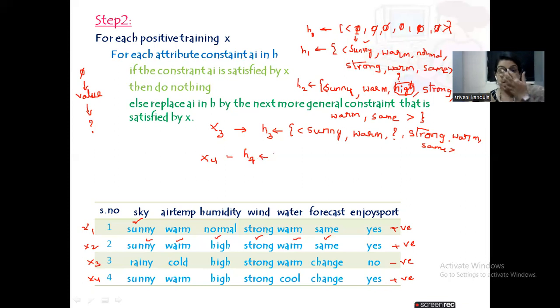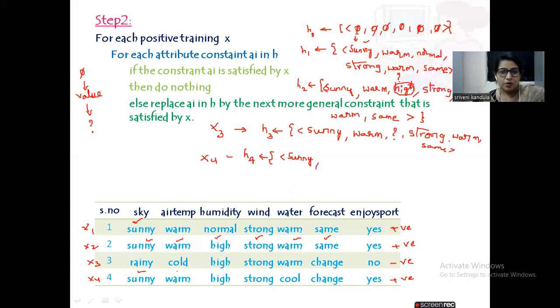So now let us once again compare the attribute value with the hypothesis value. Okay. So in the hypothesis, for the first attribute, the value we have is sunny. In the example also we have sunny, matching. So take it as it is. The next value is warm.